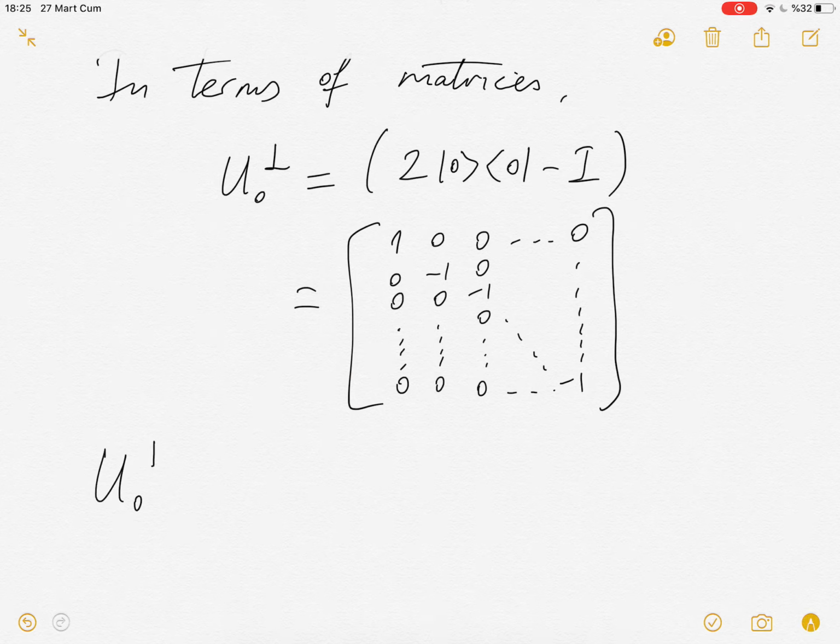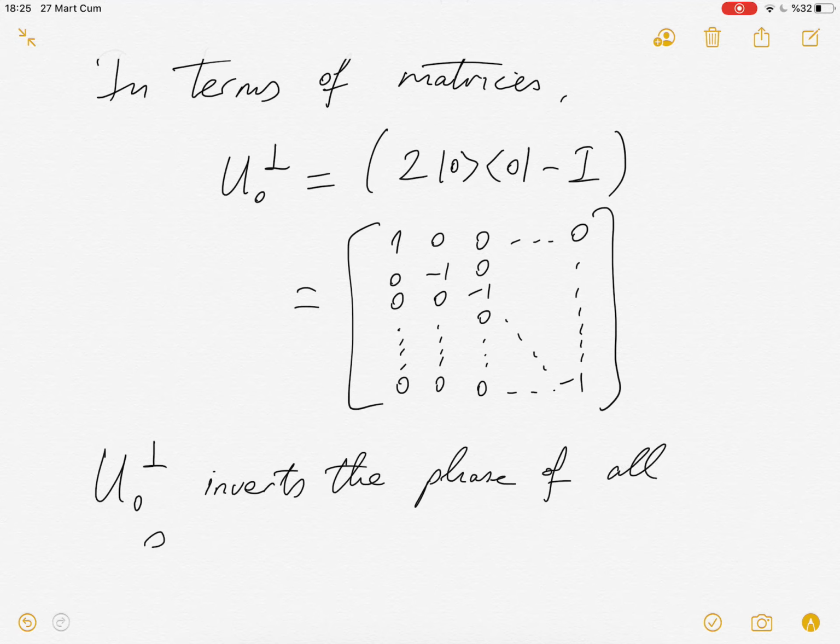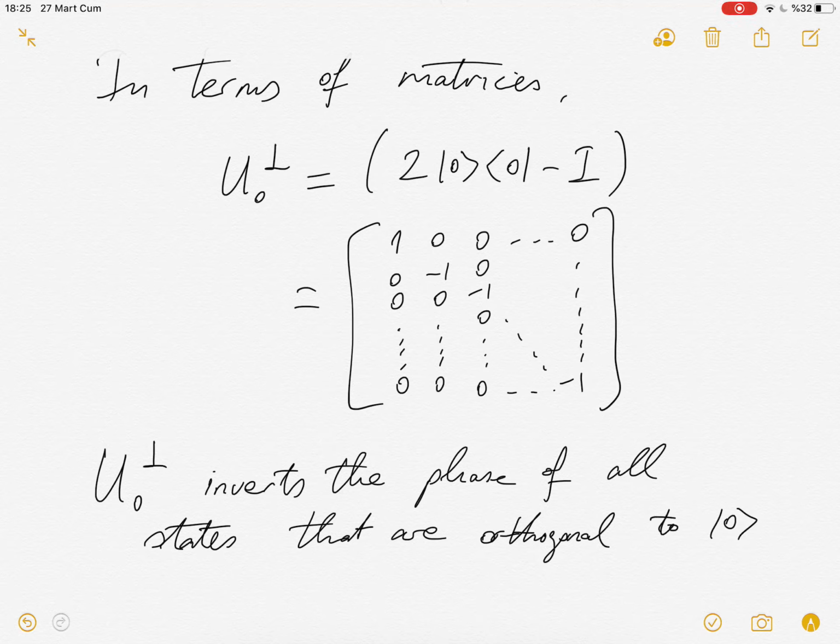So let me write that down. Inverts the phase of all states that are orthogonal to the 0 state.